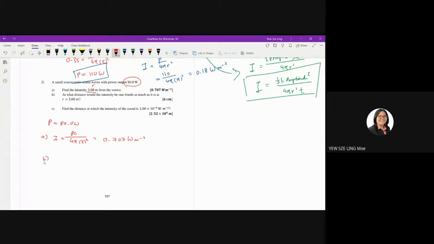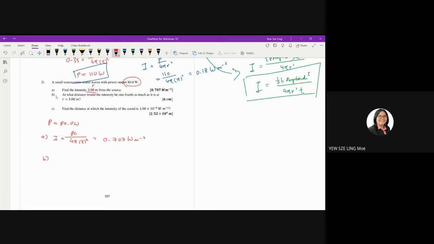Now, question B. At what distance would the intensity become 1/4 as much as it is at r equals 3 meter? So initially, our I is 0.707.